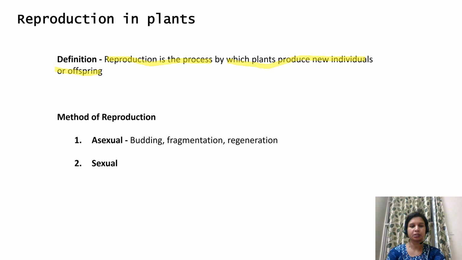So what are the methods of reproduction? The method of reproduction is either asexual, and the asexual method includes budding, fragmentation, regeneration, and other methods as well. But another method is sexual reproduction. So where does sexual reproduction happen in plants? It occurs in angiosperm plants, which bear seeds.